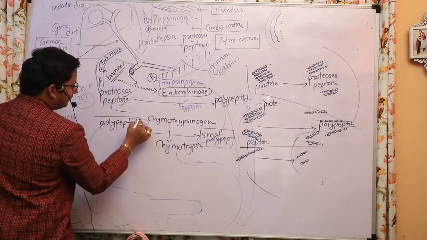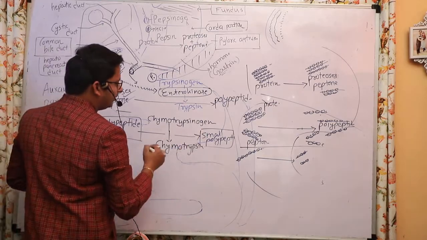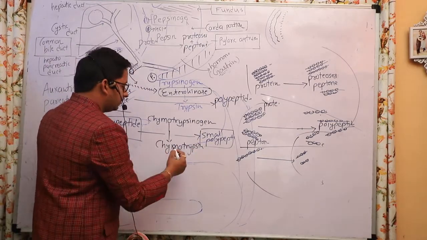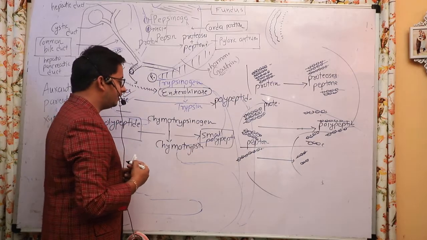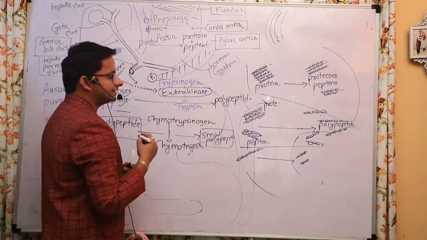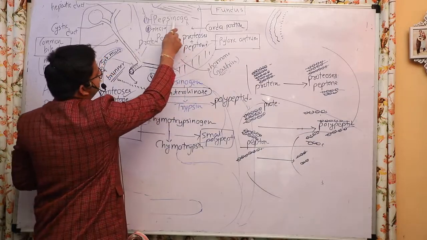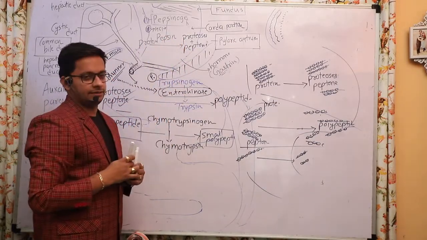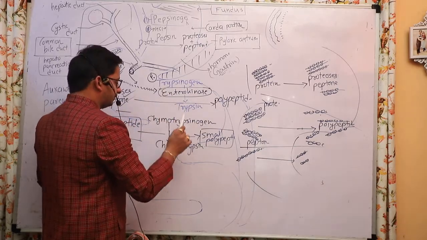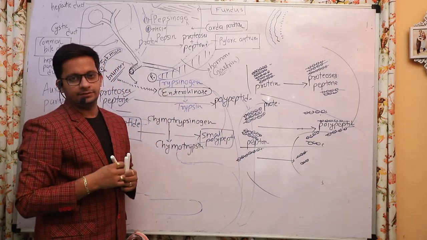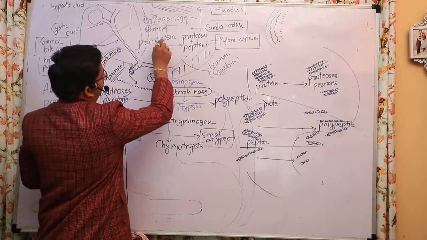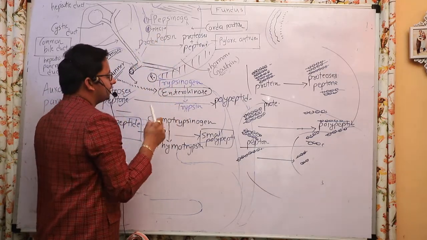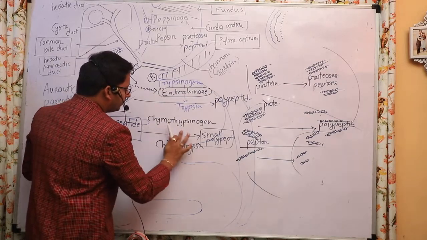How will polypeptide convert into small polypeptide? In the presence of chymotrypsin. Chymotrypsin is made from chymotrypsinogen. Like pepsinogen to pepsin, trypsinogen to trypsin, in the same way chymotrypsinogen to chymotrypsin. But in the presence of HCl, in the presence of enterokinase, in the presence of what?